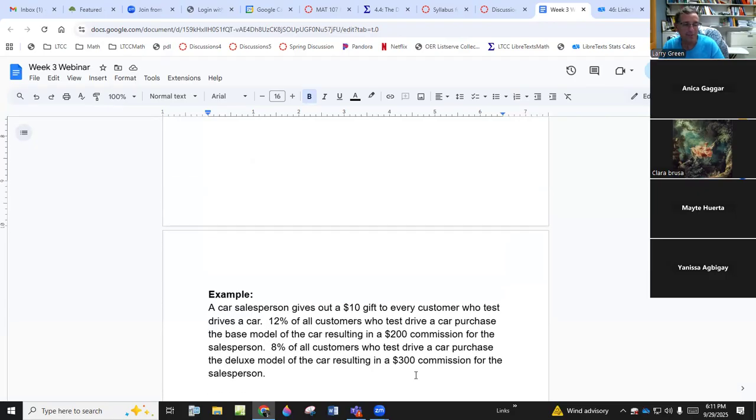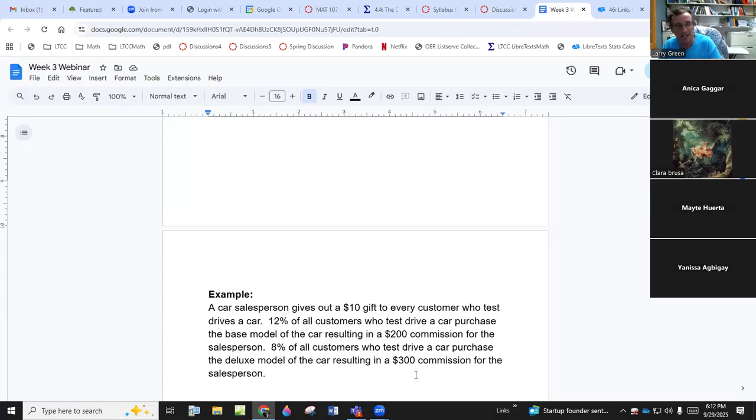So what do you think? Do you think this might be a good job to be a car salesperson if this is what you get? What do you think? Does it sound good? Okay. Let's suppose it takes 20 minutes to work with someone to do the test drive. Okay? On average. Is it a good job? Are you making good money? How do you tell? Any thoughts? Okay, I don't expect you to answer because that's what we're doing today.